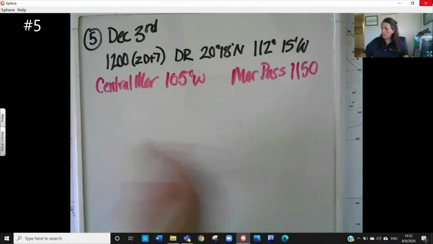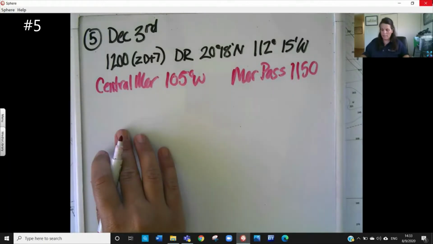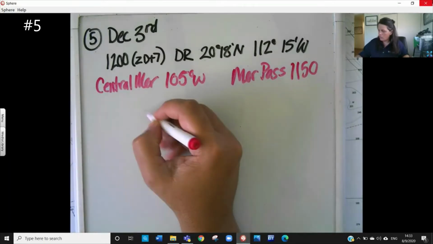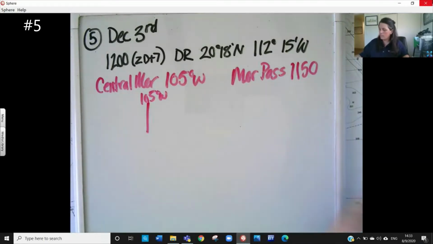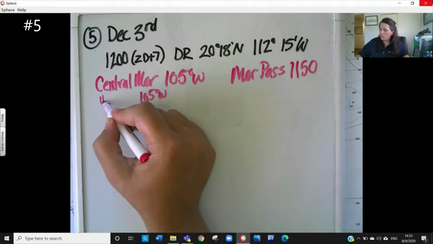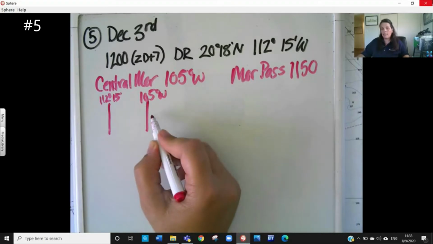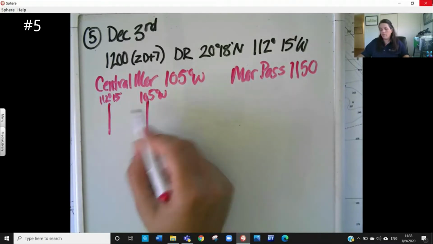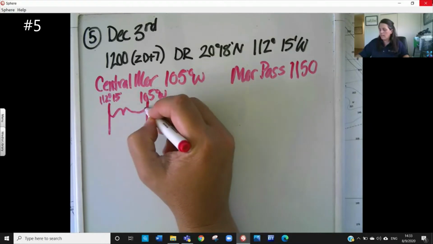So now I'm going to draw out where we will be in relationship to our meridian passage. So we have 105 west, and then we have ourselves at 112°15'. So the sun will pass the central meridian before it passes us, and we need to figure out by how much.